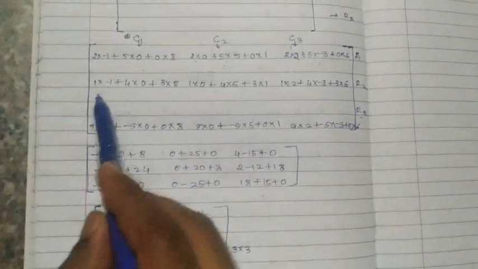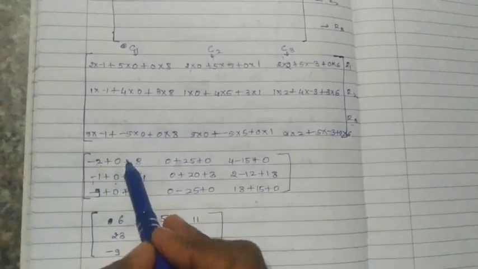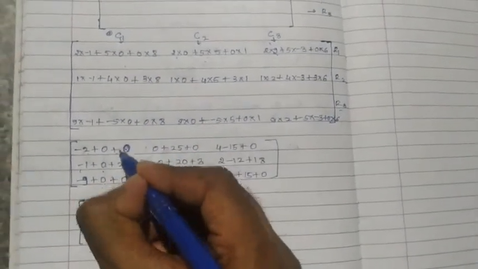After doing the calculation: 2 into minus 1 is minus 2, 5 into 0 is 0, 8 into 0 is again 0.